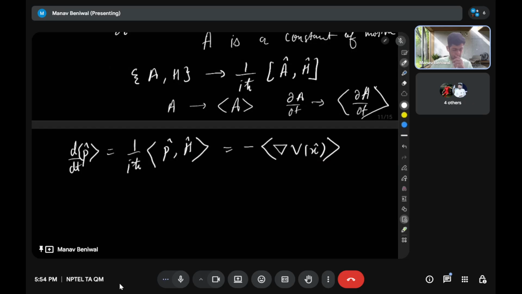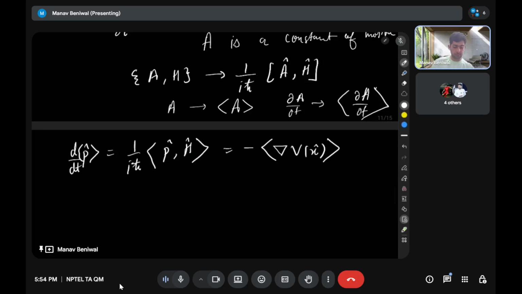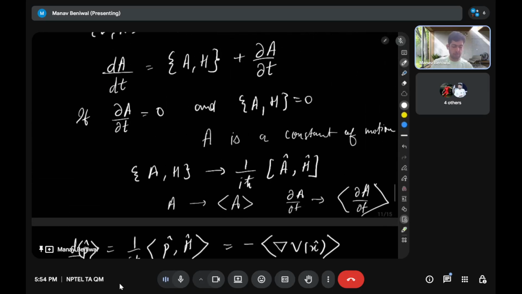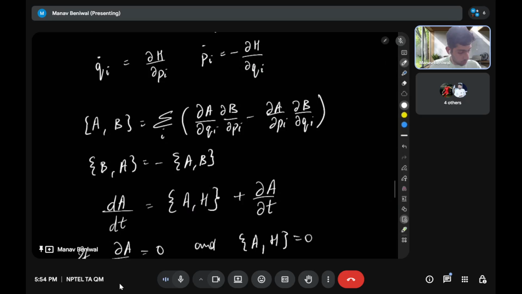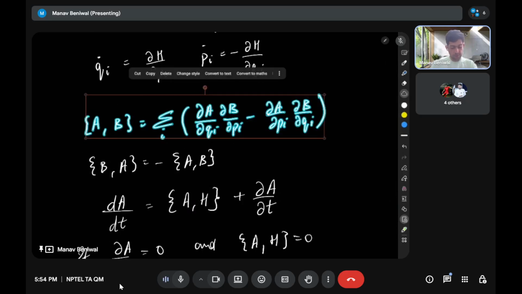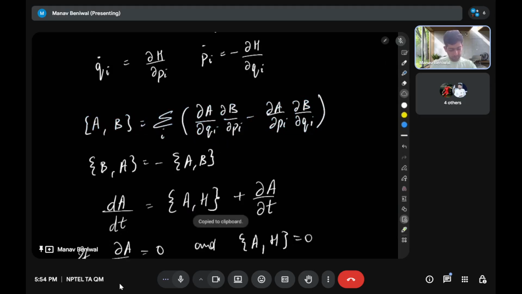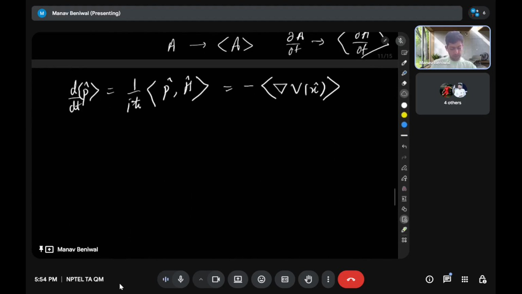This also holds in classical mechanics if we just find the Poisson bracket of P and H. Let me do this quickly. Let us solve one Poisson bracket.